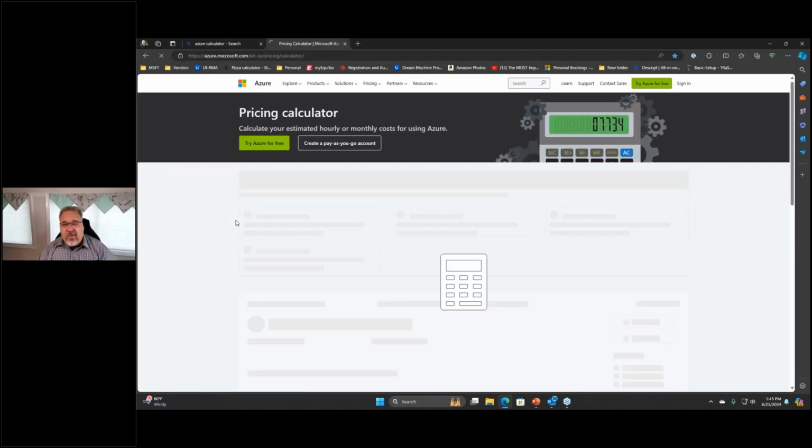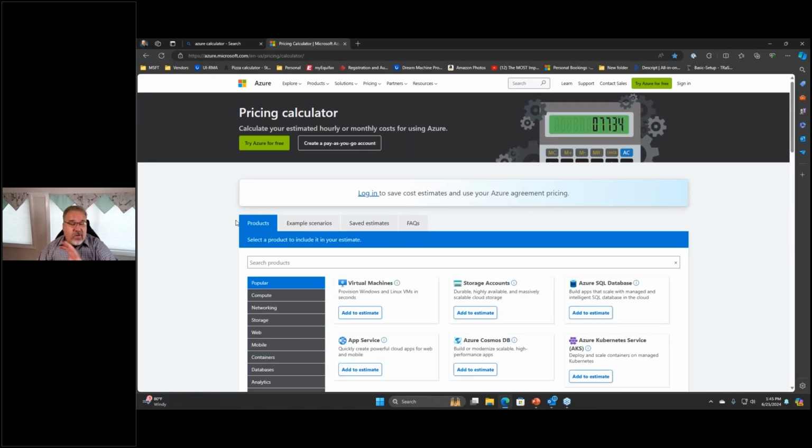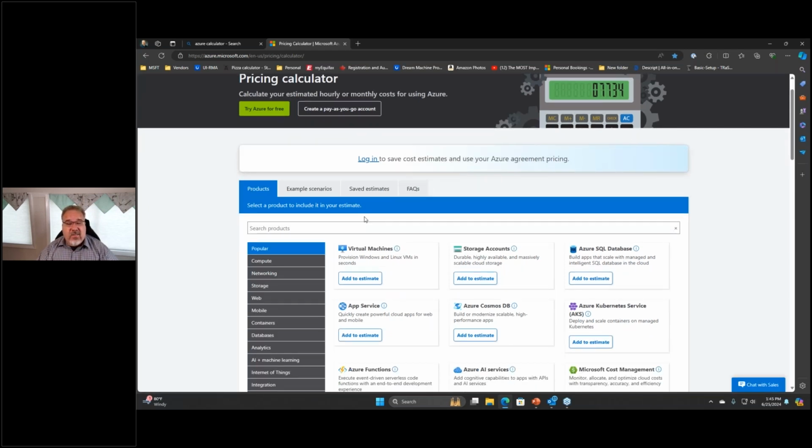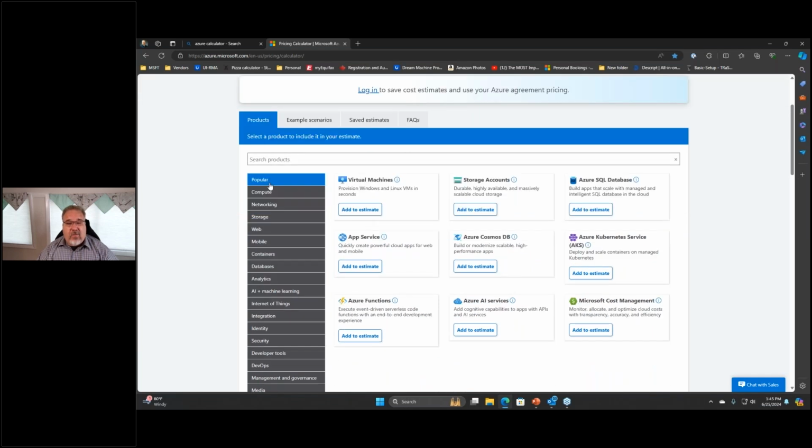If we pop over to the pricing calculator, on the Microsoft Azure pricing calculator, we're going to do a whole video on how to use it, because we do recognize that it's a very daunting tool. It's big, but you'll see here compute, networking, storage. These are three main components to set up.